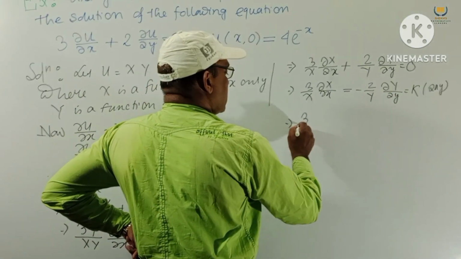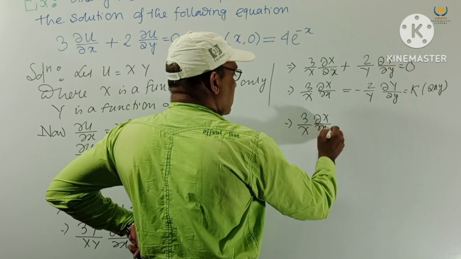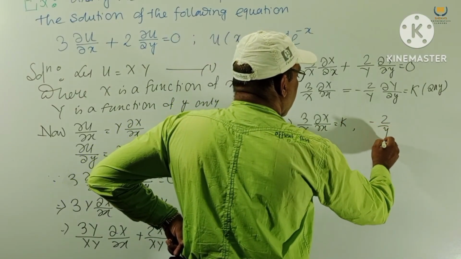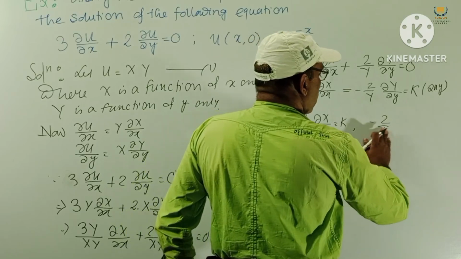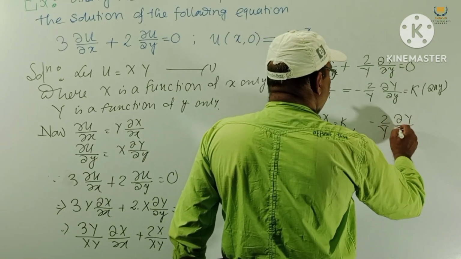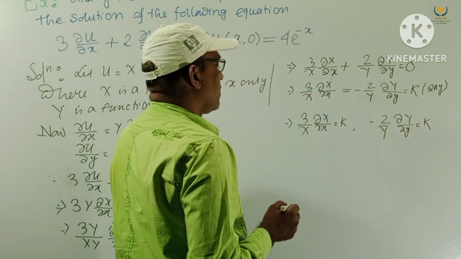This implies 3 by X, X prime equal to k, and minus 2 by Y, Y prime equal to k.